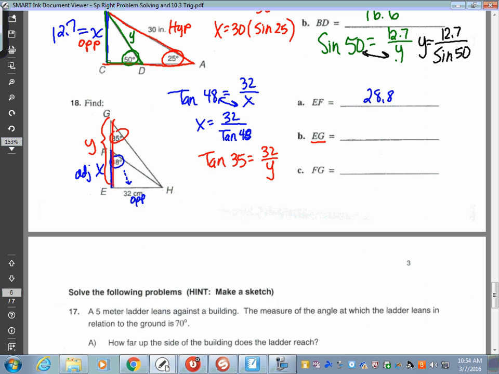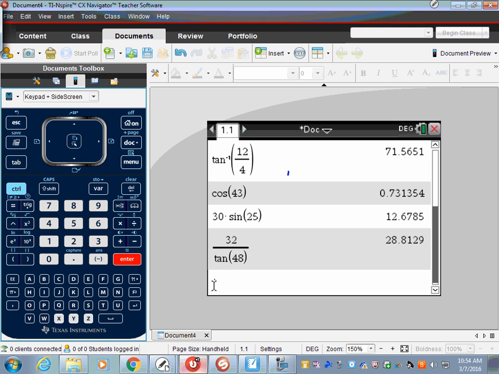How would you know which one? So if you get a negative number, then opposite. Yeah. Y equals 32 over the tangent of 35. Well, I have to put that in the calculator.